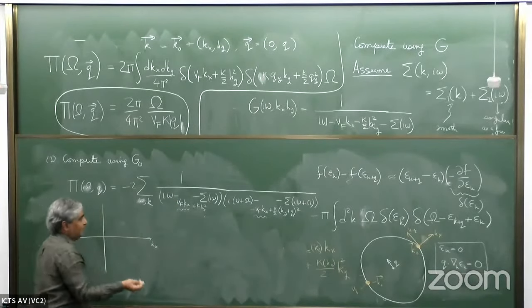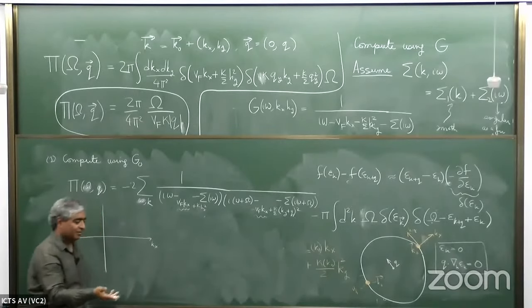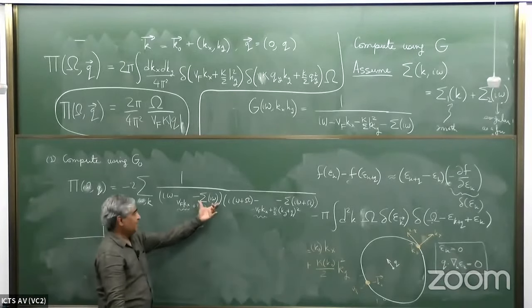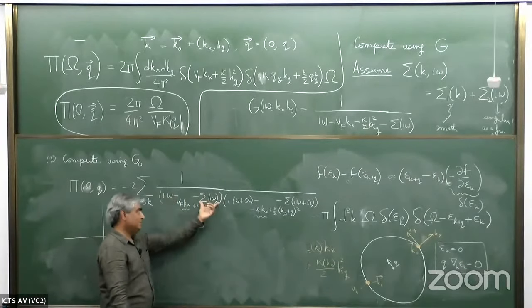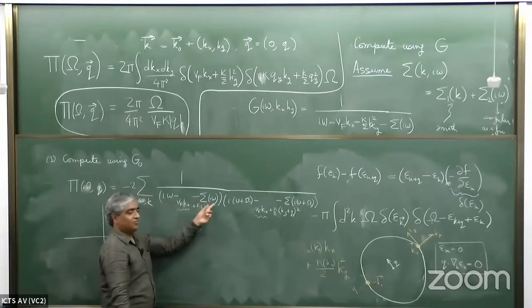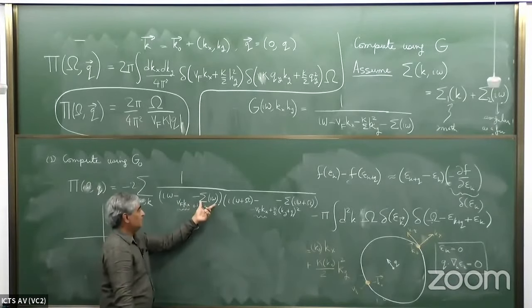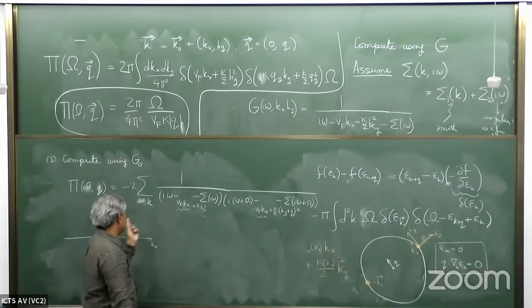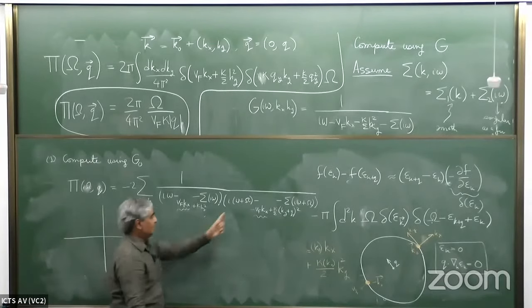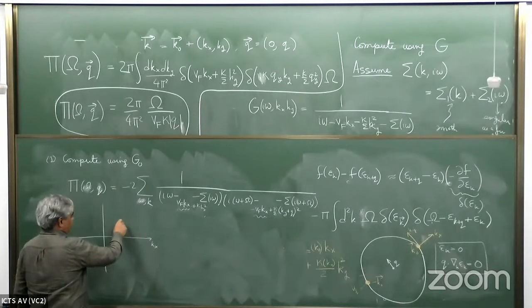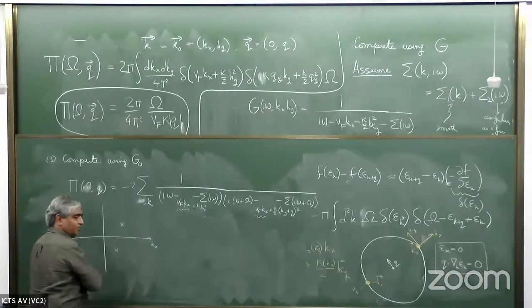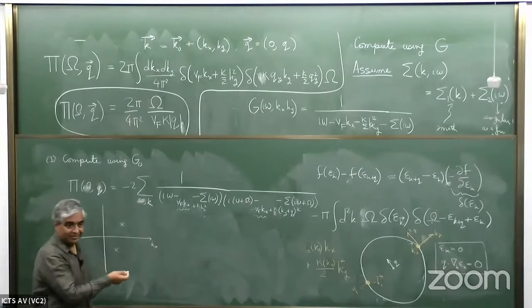Now, one thing we'll find, and this again you can check, and it's actually required by analyticity of the Green's function, is that the sign of sigma is the same as the sign of omega. If this is positive, then this is positive, and so on, with the i out front. So the analyticity property is not changed by the sigma. So if this omega tells me I'm in the upper half plane, the pole will still be in the upper half plane. And similarly over here. So for this integral to be non-zero, I have to have one pole in the upper half plane and the other pole in the lower half plane. Otherwise, it's 0.